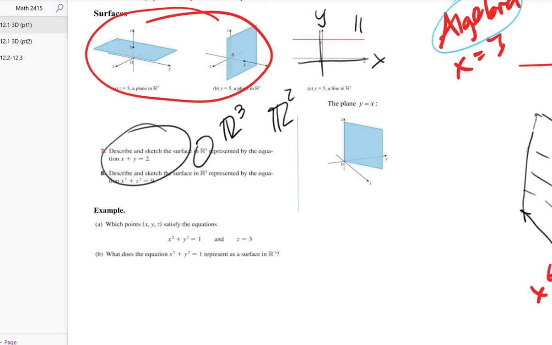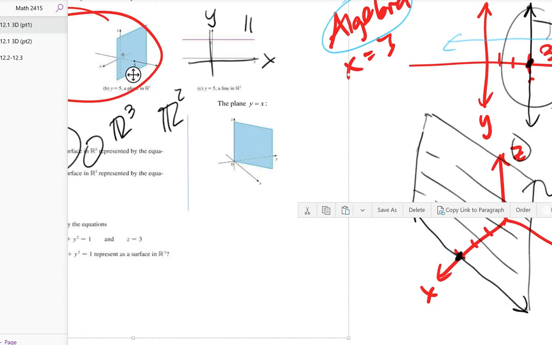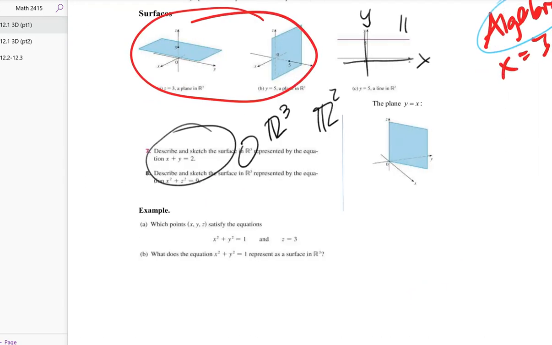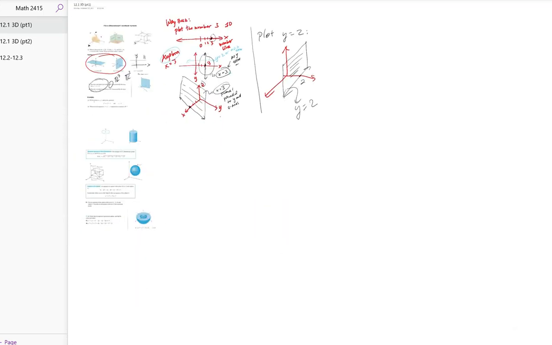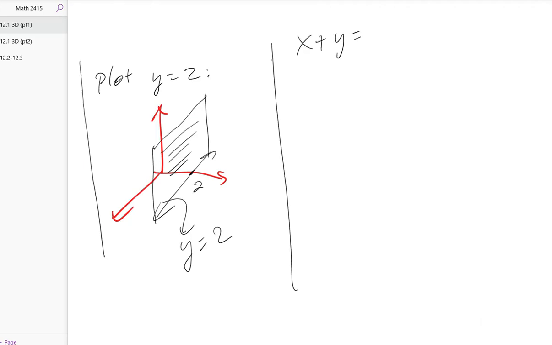So what we're doing here is we're going to sketch the surface in R3, like I said. And what is it? x plus y equals 2. So let's move over, and it looks like a mess. So here we go. We're going to sketch x plus y equals 2. So first you want to graph. See, there's no z here.